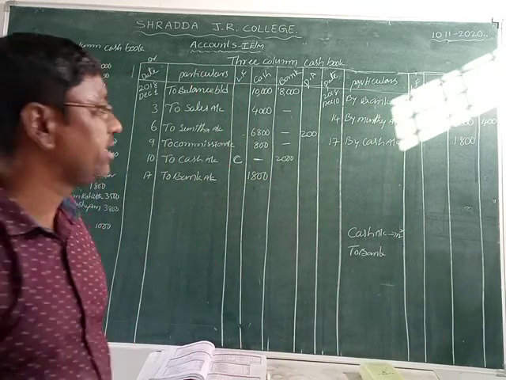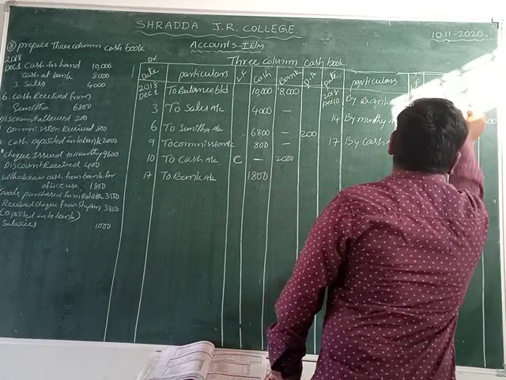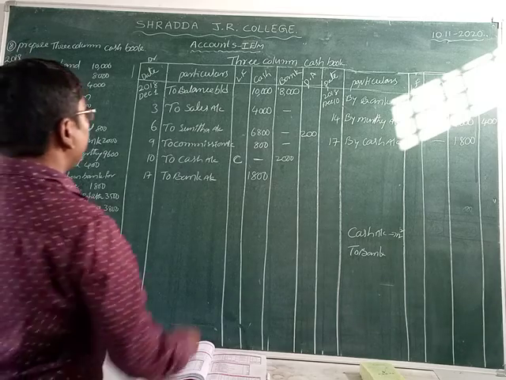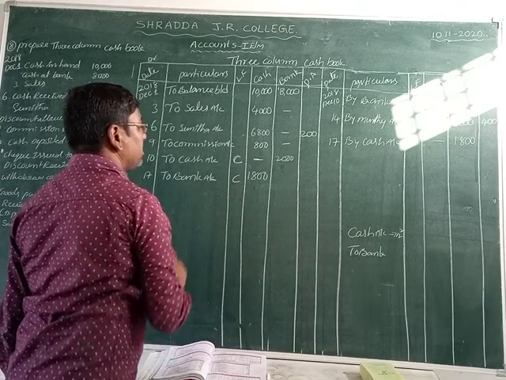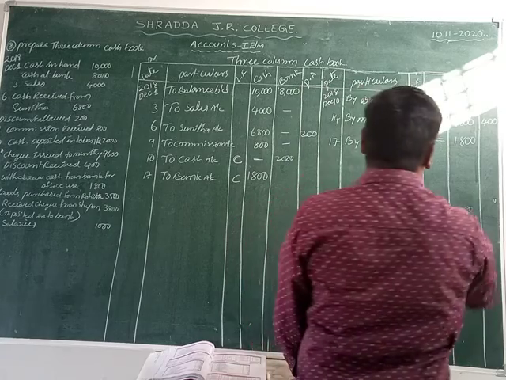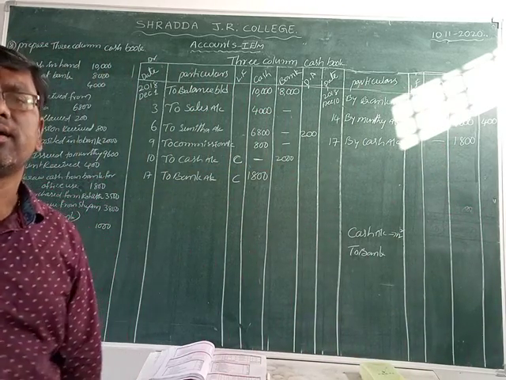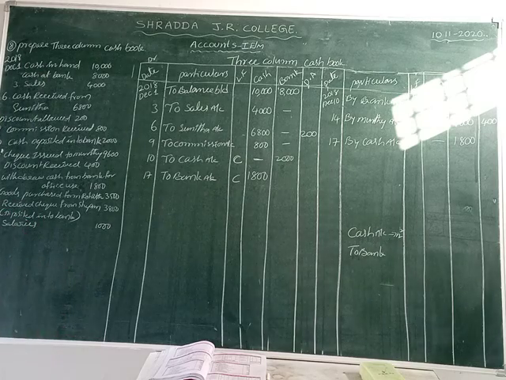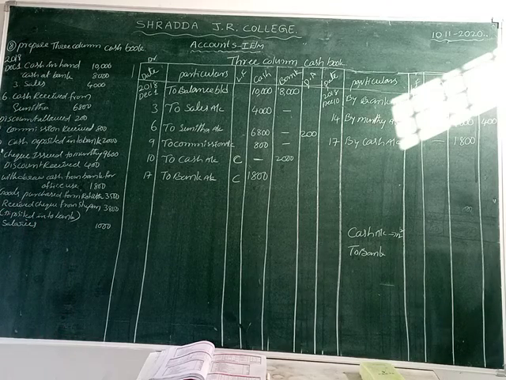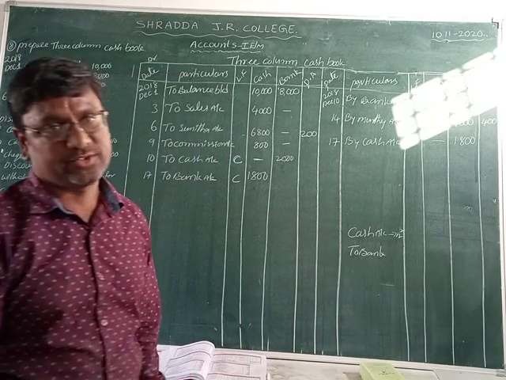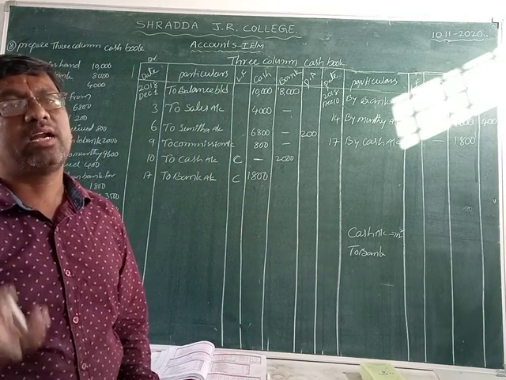Cash account, isn't it? So this is a contra entry. Let us write in the LF column C, and on the credit side also in the LF column we take C. Both are contra entries. That means the general entry has cash and bank both. We are doing cash account and bank account, students.